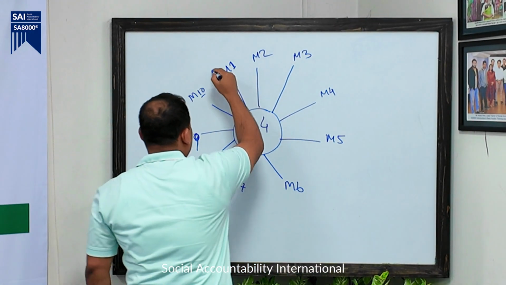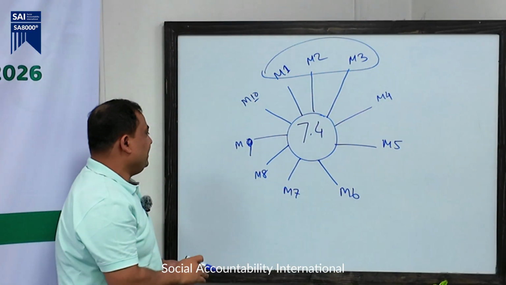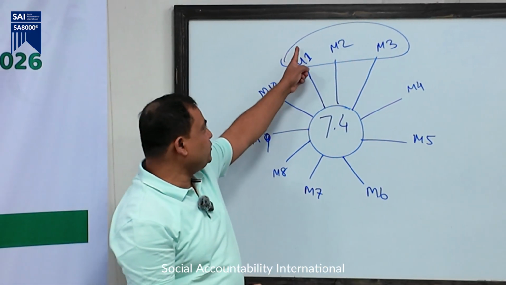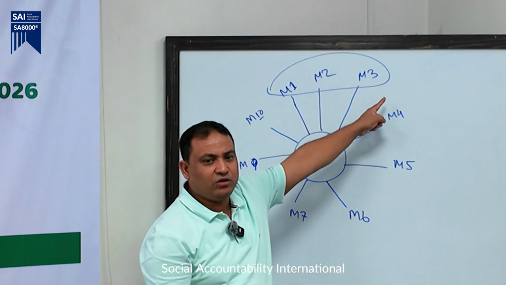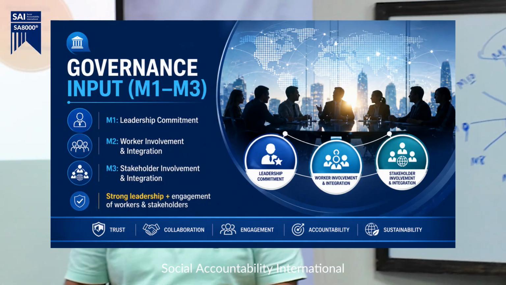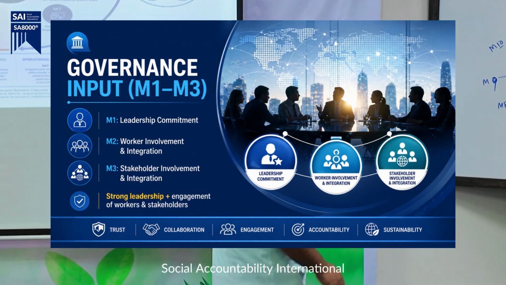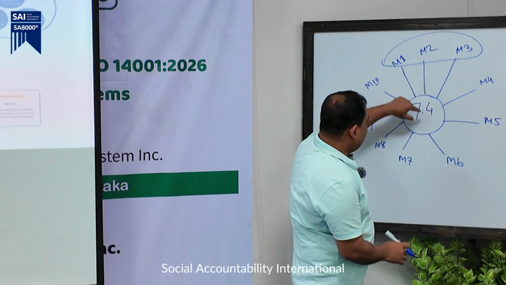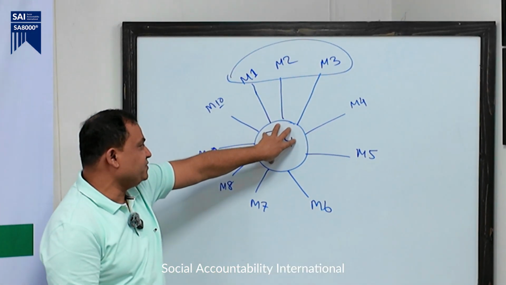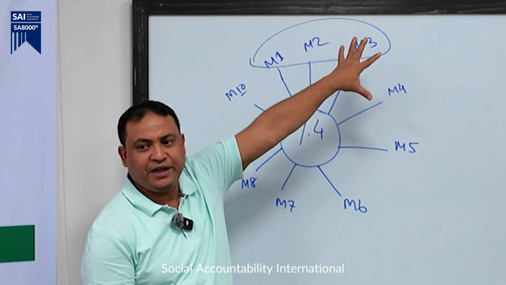So these three, first let us discuss. This is like the involvement and interaction of the top management, workers and stakeholders. So this is like a part of governance actually for the business management relation governance. So what is the relation with 7.4, and the link with M1, M2, M3?